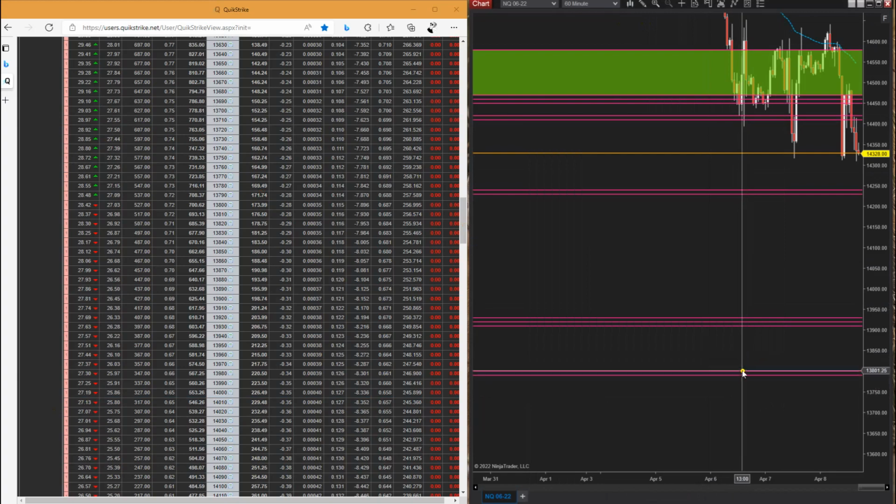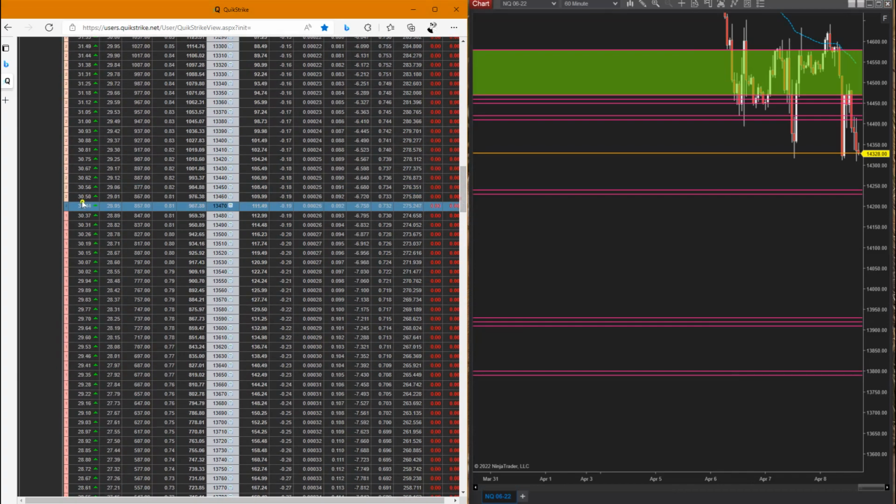So there is another level of resistance and support. And then finally, that 1 to 2 change, and that's between 470 and 460.